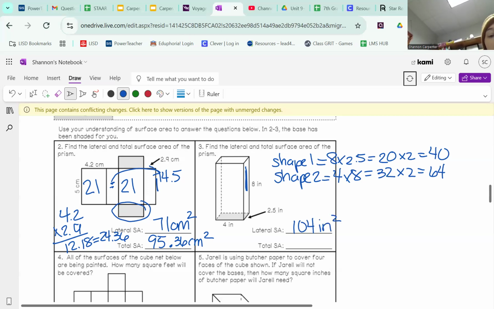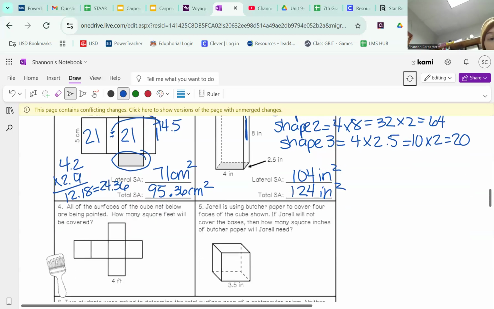Now, if I want the total surface area, I need to do shape 3, which is our bases. Our base would be 4 times 2.5, which gives me 10, and then times 2 is 20. So we would add that in, and you would get a total surface area of 124 inches squared.